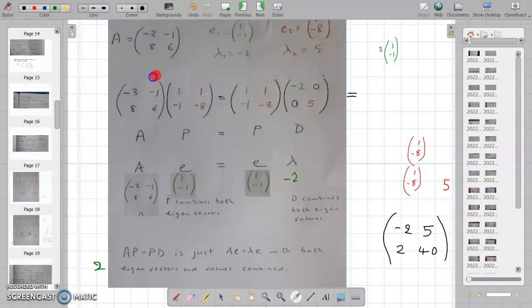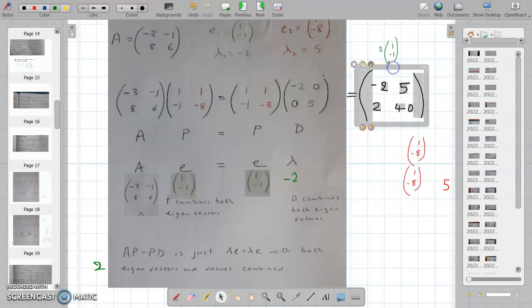If you multiply this out, you will get (-2, 5, 240). And if you multiply this out, you'll also get (-2, 5, 240).